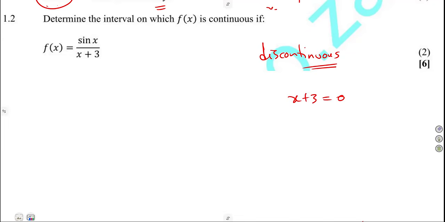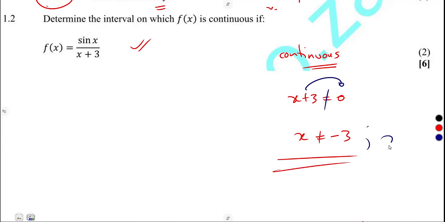So if it is continuous, it simply means our denominator cannot be equal to 0. So that is the condition that you're simply going to use. So for x, 3 to the other side is going to be a negative 3. So x cannot be equal to negative 3, though x there, we are referring to all the real numbers. So that is what you simply have as we consider our revision.